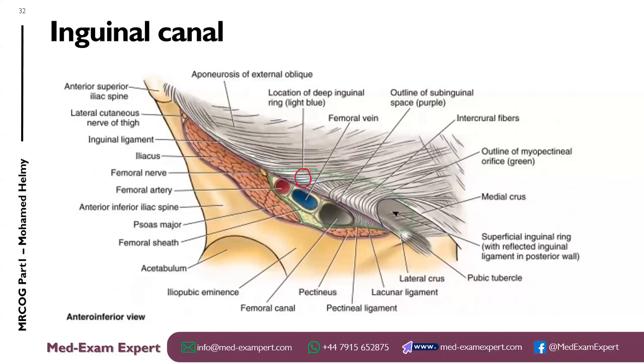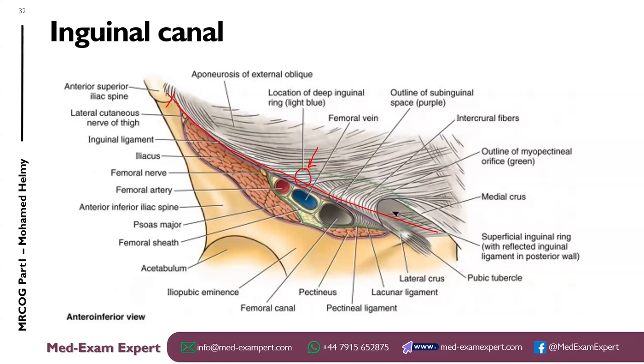But if I want to locate it at the surface anatomy, when I palpate the abdomen, for example, and I ask you to locate the site of the deep inguinal ring, all you have to do is palpate the anterior superior iliac spine and make a line from it to the symphysis pubis, and take a point midway. This will be the location of the deep inguinal ring. It's midway between the anterior superior iliac spine and the symphysis pubis.